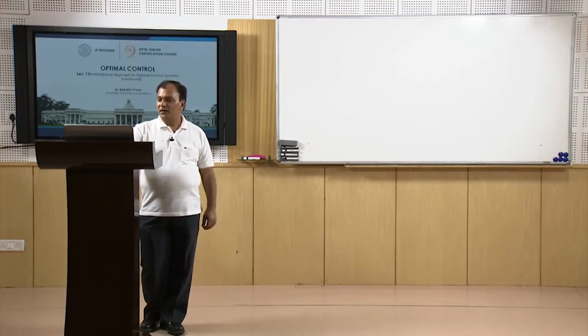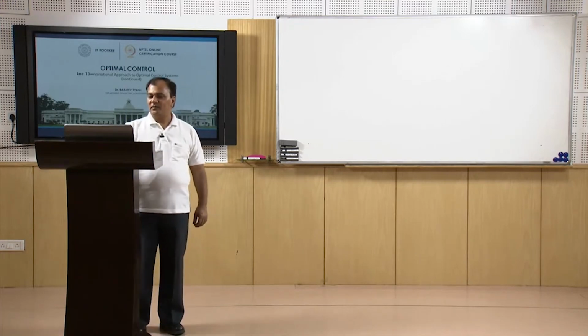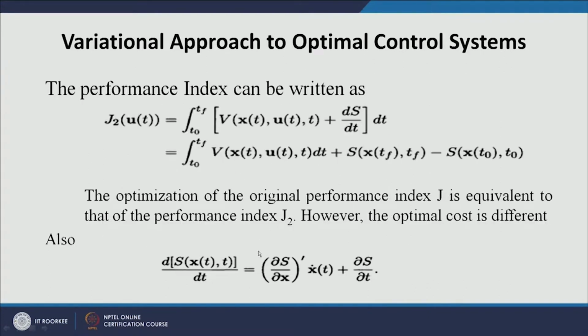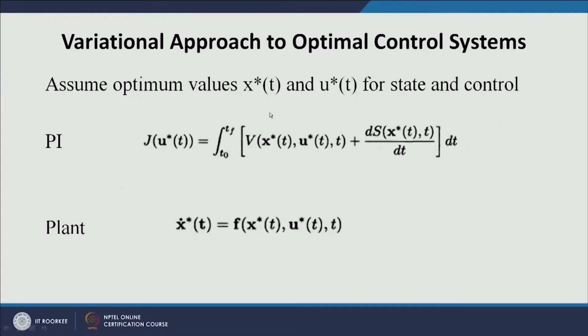We consider our performance index as J, with terminal cost and integral cost, which is given here. With a mathematical consideration, we define our PI as V plus dS by dt, and the plant is this. So the objective is to find the optimal u which will minimize J and satisfy the plant.